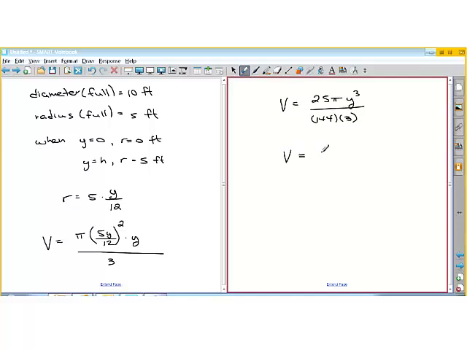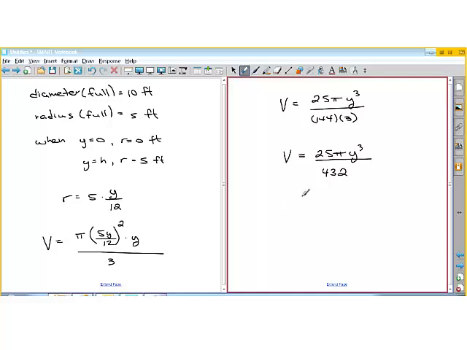Okay, one more step here. 25 pi y cubed divided by, what's 3 times 144? 3 times 144 is 432. Okay, so that relates volume to y. And that's what we're trying to find: the rate of change in the depth, which is y.